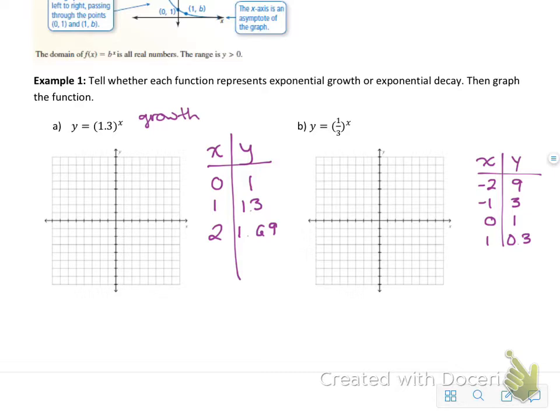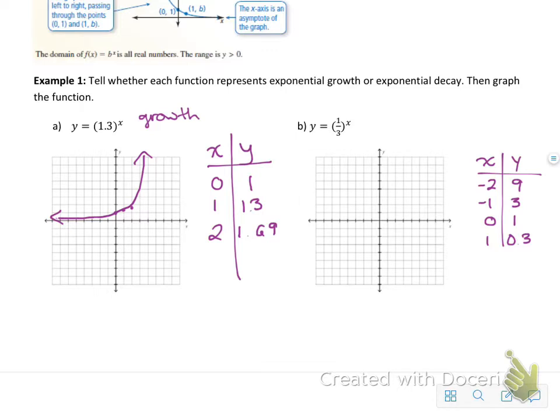You'd enter it just the way you see it, and you plot those points. So we have 0, 1, 1.3, 2, 1.69, and we draw our curve that we see in our calculator through those points. And there we go.